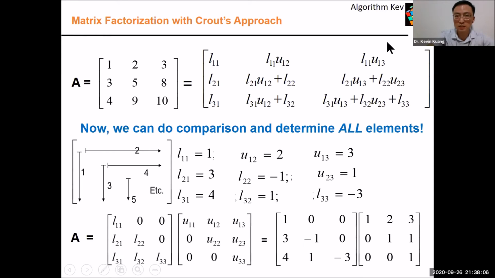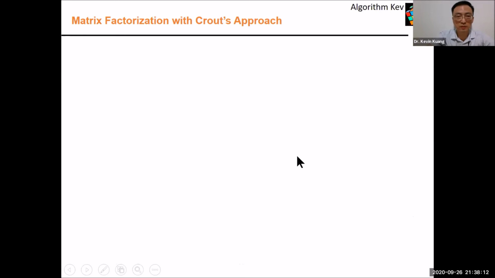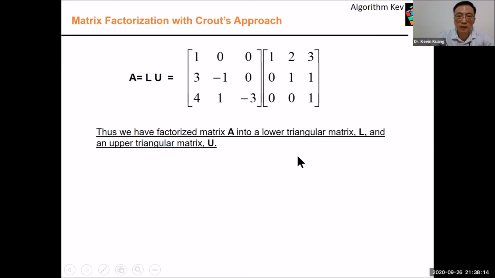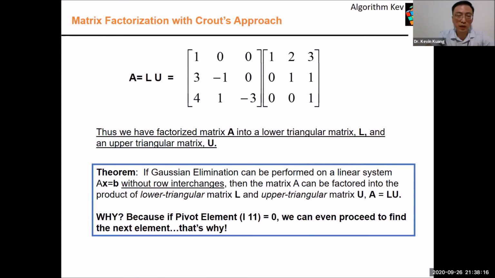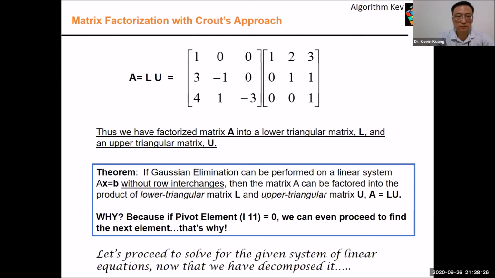In the same case here, when L11 is 0, U13 is also unknown. So that is a very simple reason why. In the case where Gaussian elimination cannot be performed as a result of having a 0 at the diagonal, this same problem will also occur for LU decomposition.